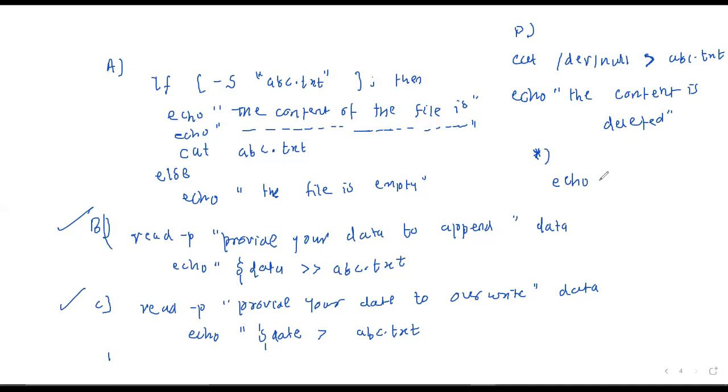In that case, we echo enter option. Which option? Either A or B or C or D. If you have not entered A, B, C, or D, then this action will take place: enter option either A or B or C or D. So this is the way of writing the script for this.